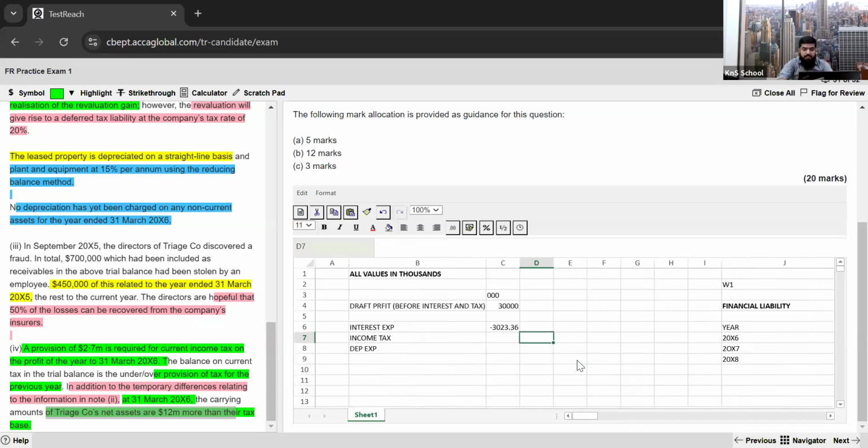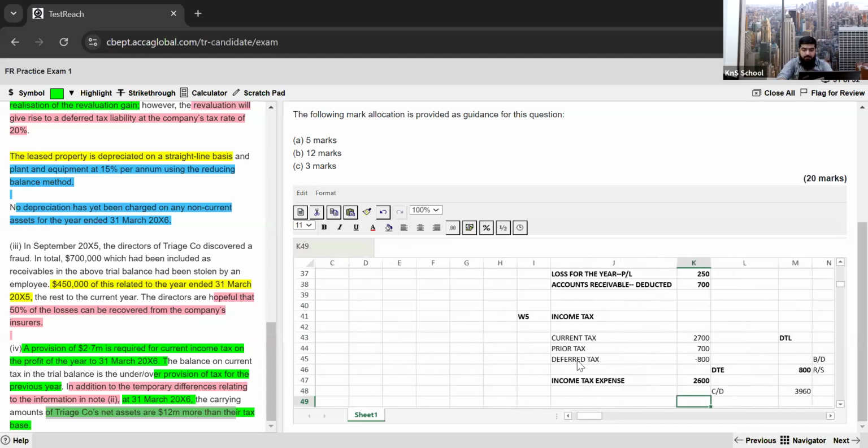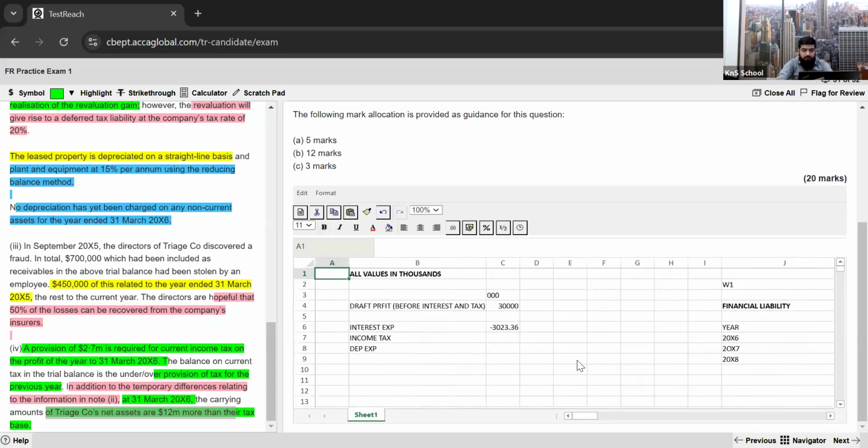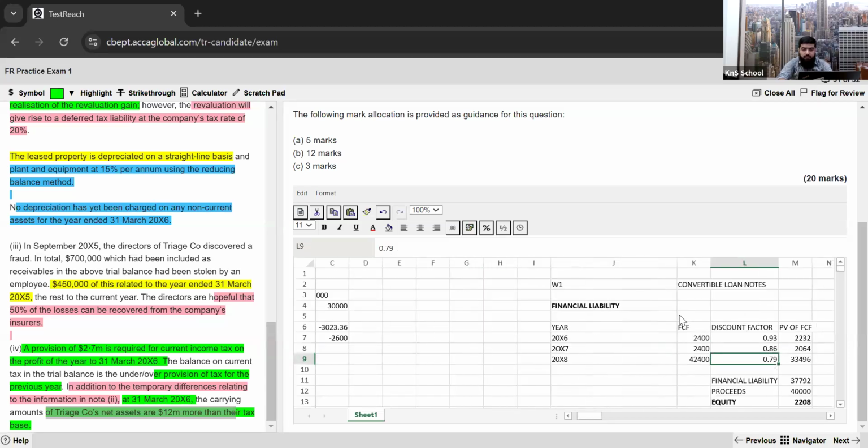Now, another adjustment, that is the income tax expense. The adjustment for the income tax expense is 2600. It's K47, so minus K47. Another adjustment that we need to account for is the depreciation expense.